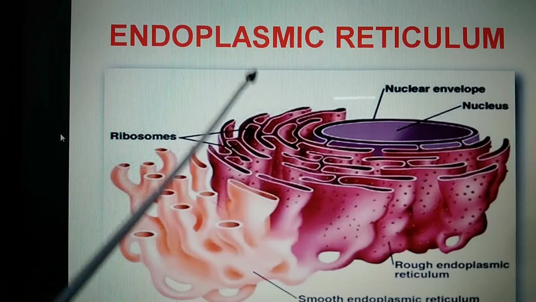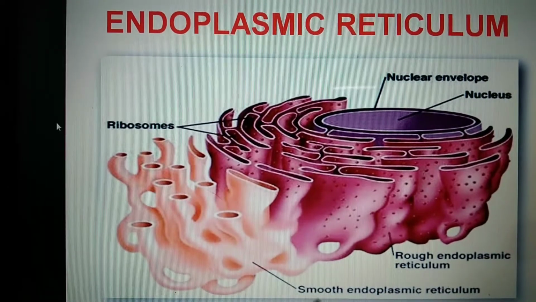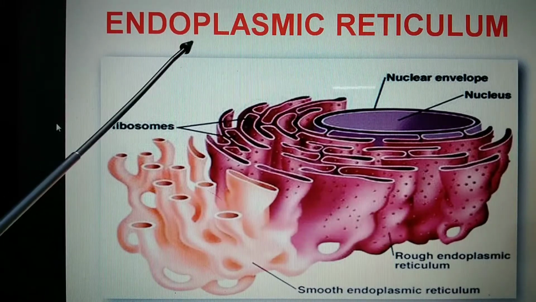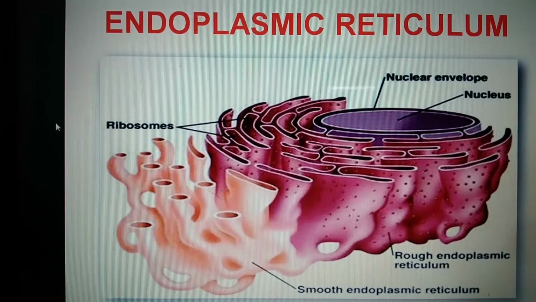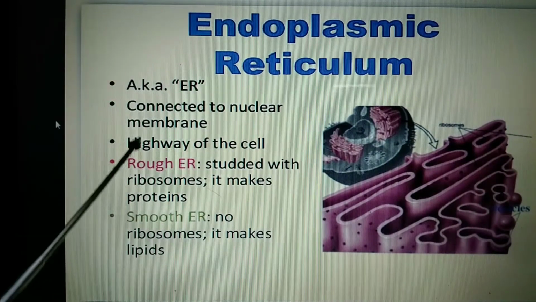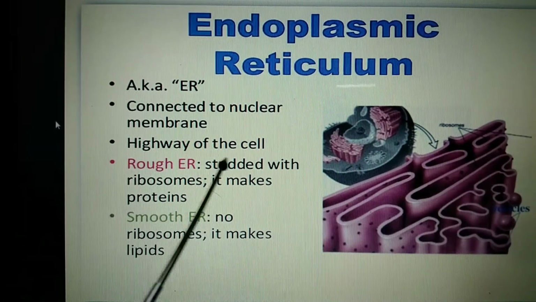Endoplasmic reticulum is of two types: one is rough endoplasmic reticulum and another is smooth endoplasmic reticulum. The main function of the endoplasmic reticulum is to connect with the nuclear membrane, and it is the highway of the cell.